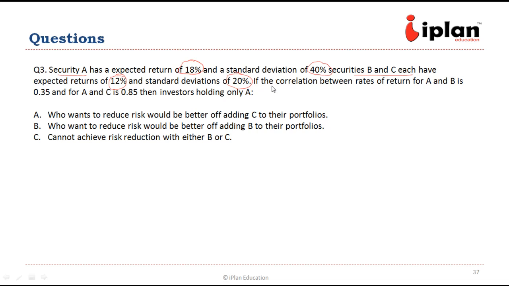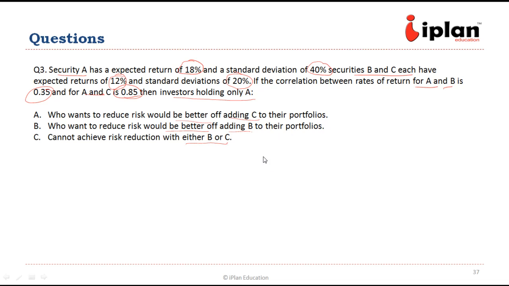If the correlation between the rate of returns for A and B is 0.35 and for A and C is 0.85, then the investor who is already holding A should go for which combination to be better off? The investor who is holding only A, he will be better off in which combination? By adding C or adding B or none of them?